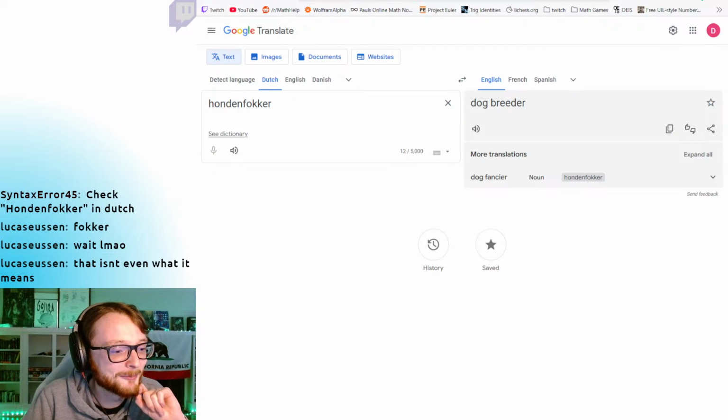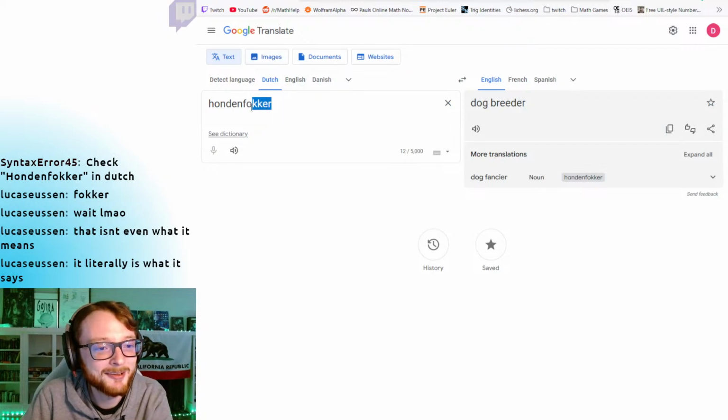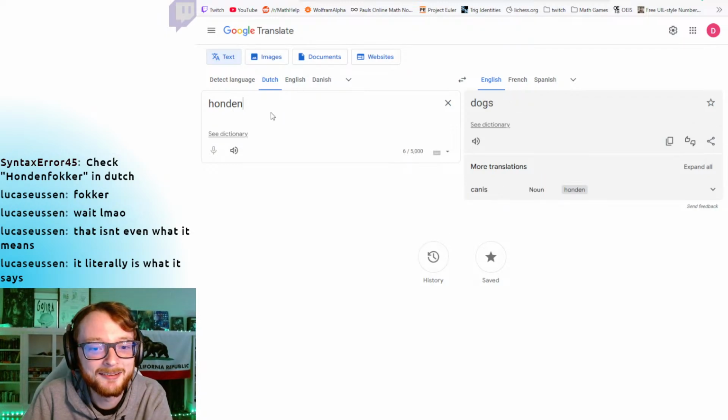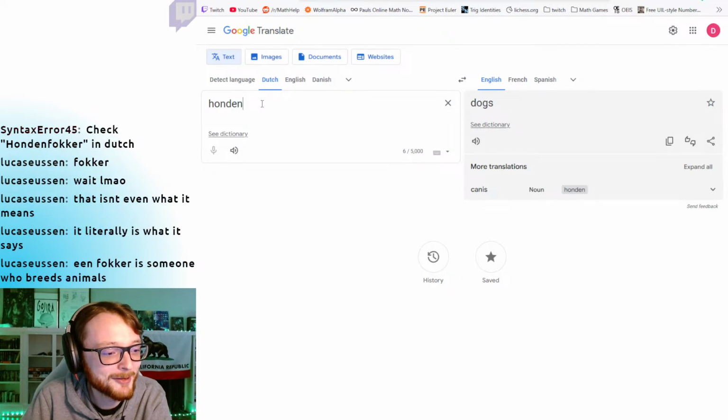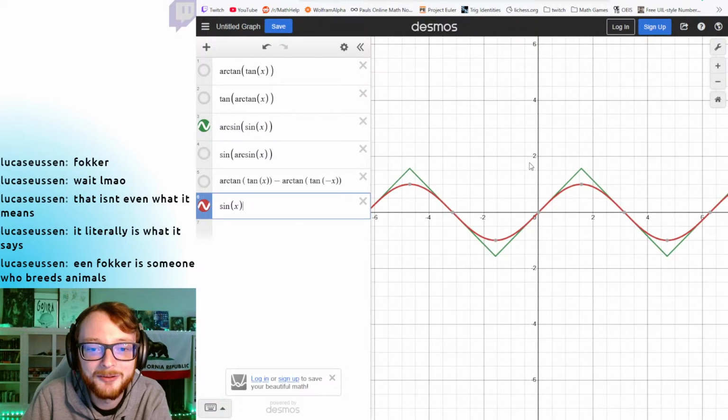It doesn't even what it means. Is this not dog? Dogza? Edenfokker? Is someone who breeds animals? Oh. Does Fokker not mean fucker? I'm kind of disappointed if that's true.